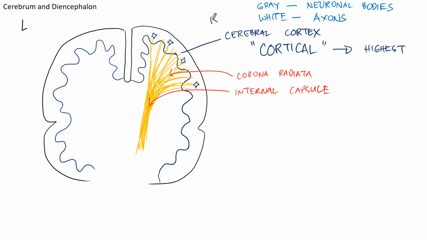Now, there's another bundle of white matter coming from, let's change the color, from one side of the hemisphere going to the other side.